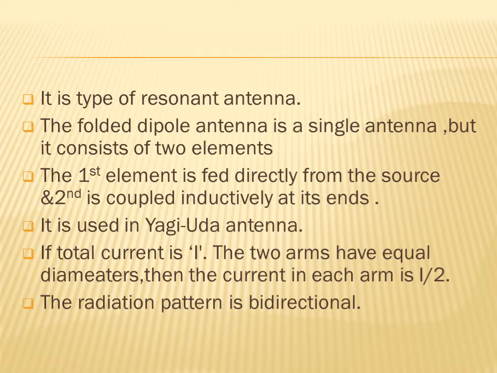If the total current is I and the two arms have equal diameters, then the current in each arm is I by 2.